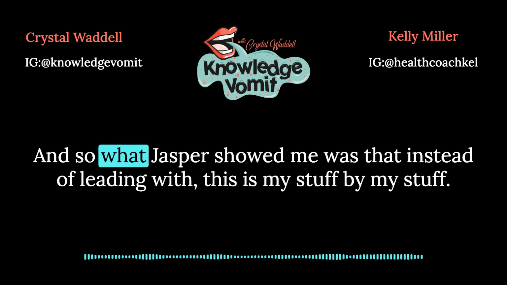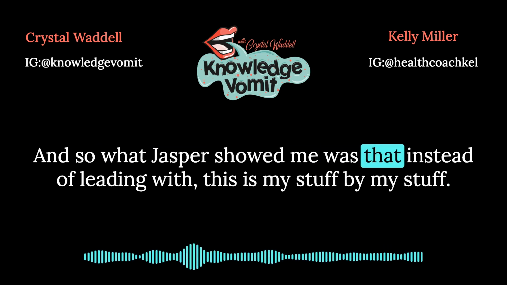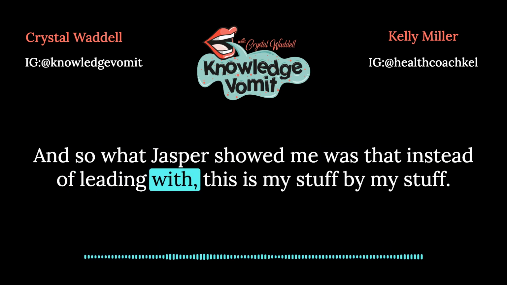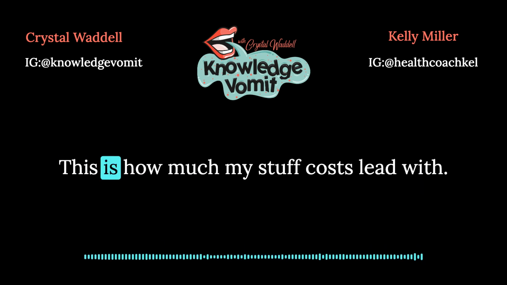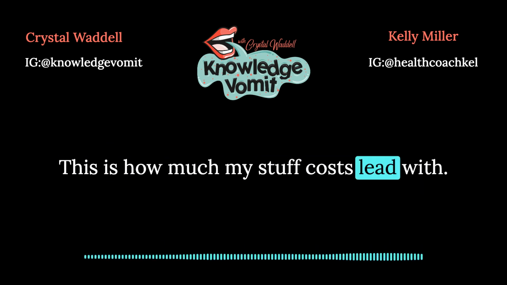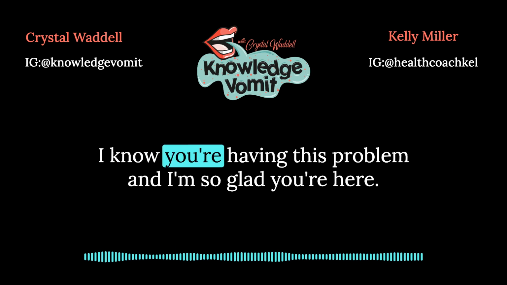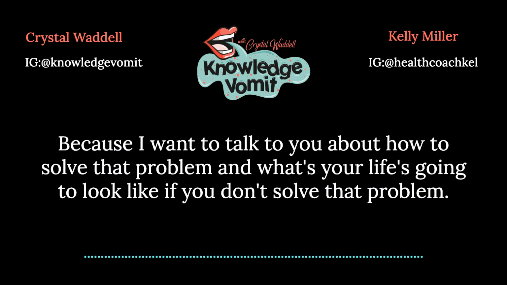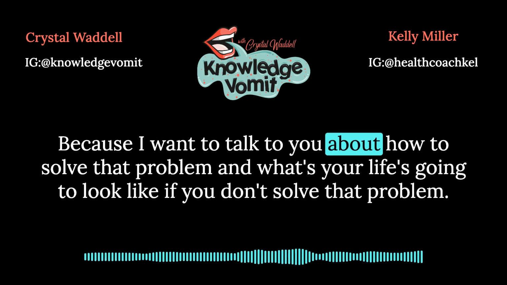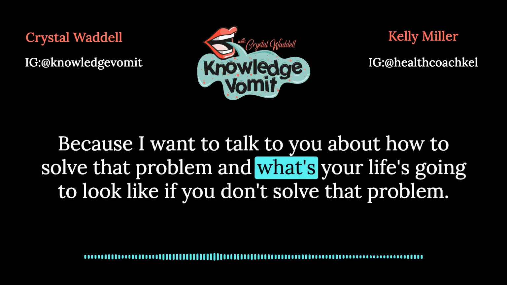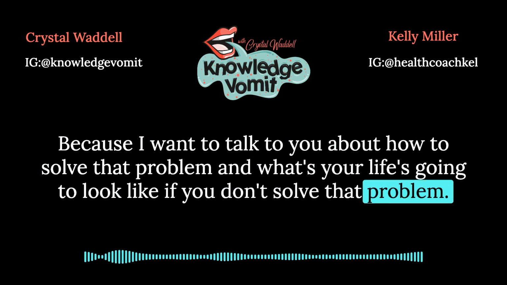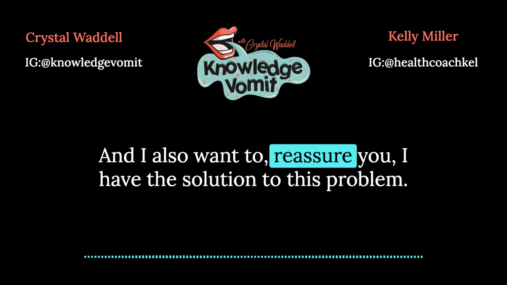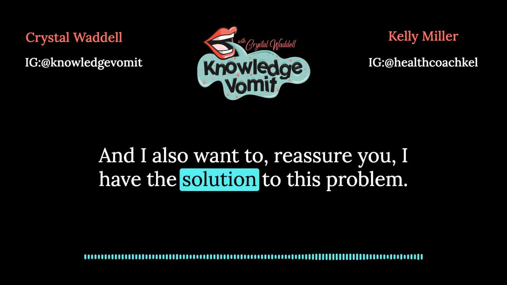So what Jasper showed me was that instead of leading with, this is my stuff, buy my stuff, this is how much my stuff costs, lead with, I know you're having this problem, and I'm so glad you're here because I want to talk to you about how to solve that problem and what your life's going to look like if you don't solve that problem. And I also want to reassure you, I have the solution to this problem.